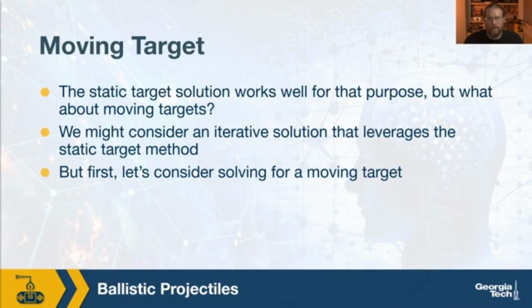We saw the static target solution worked well for that purpose. But to handle a moving target, we could continue to work with that algorithm and implement an iterative solution around the static target solution. But first, let's consider directly solving for a moving target and whether that is reasonably possible.